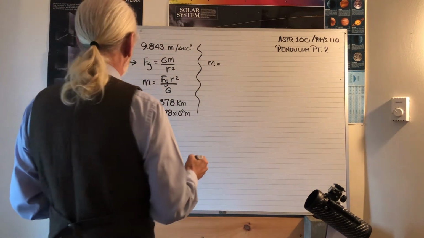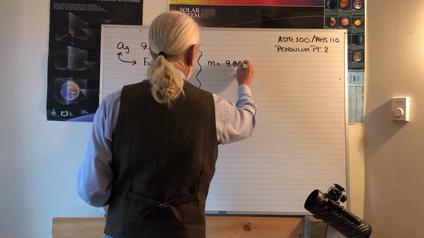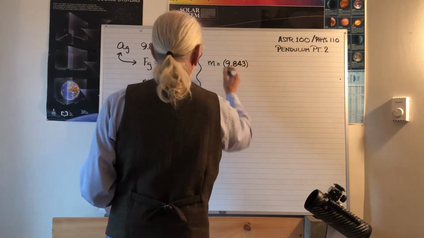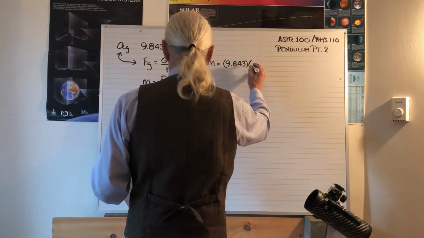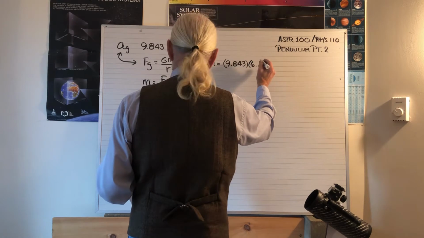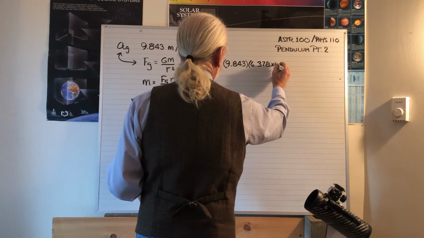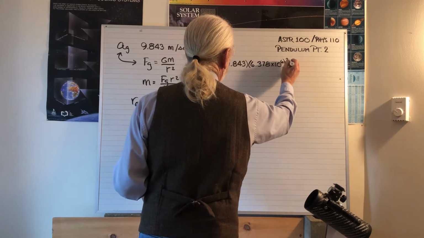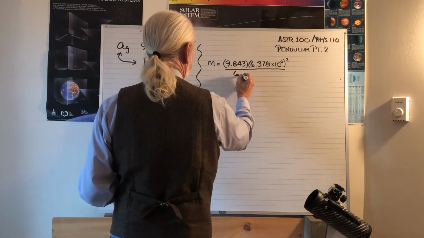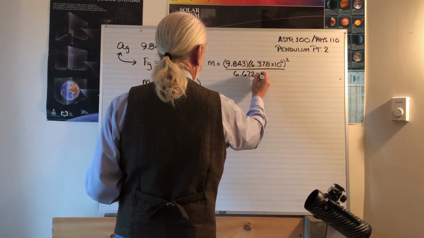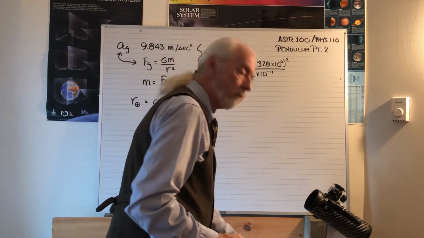So we're going to plug in 9.843 times the square of the radius, 6.378 times 10 to the 6th all squared over the universal gravitational constant, 6.672 times 10 to the negative 11. Now it's just a matter of bashing out the numbers.